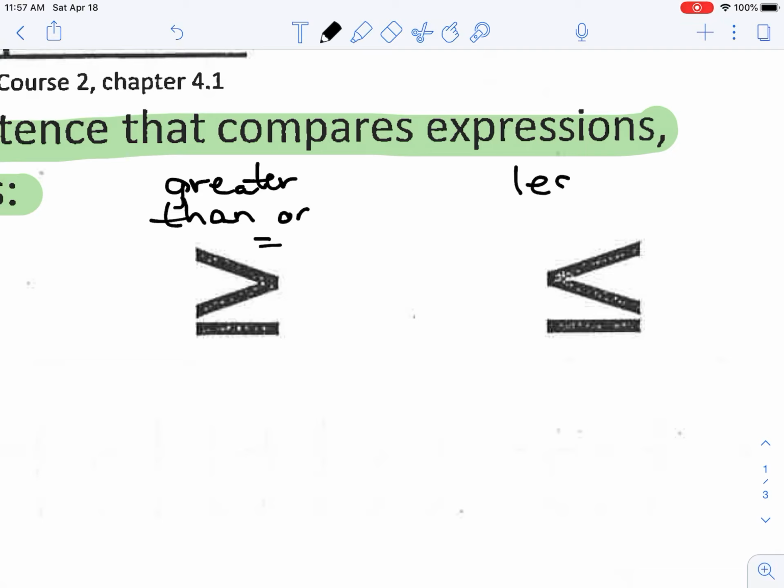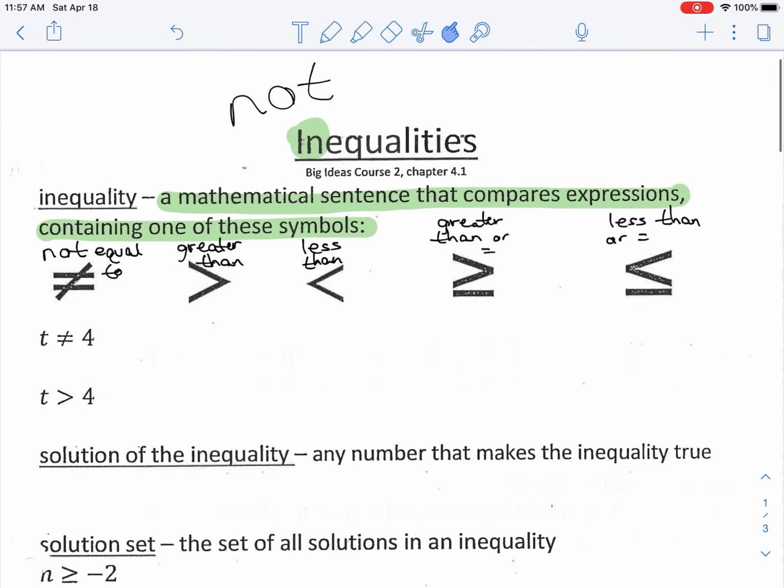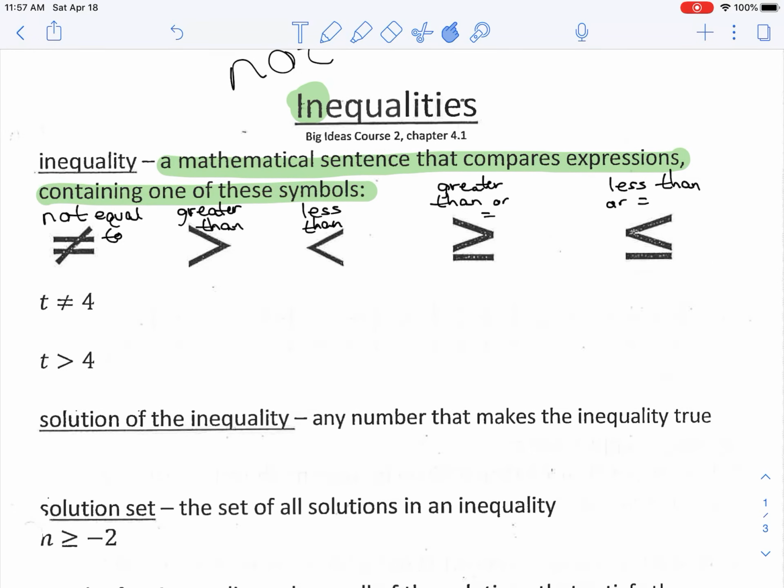That inequality symbol is read less than or equal to. I'll zoom out so you guys can check all those. So: not equal to, greater than, less than, greater than or equal to, less than or equal to.